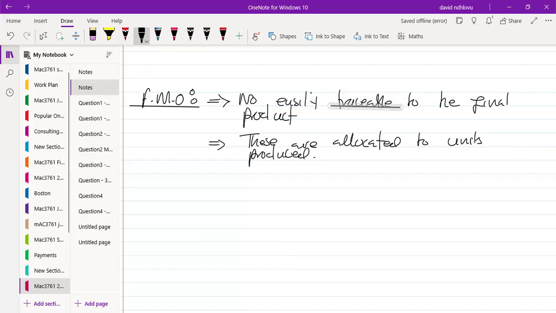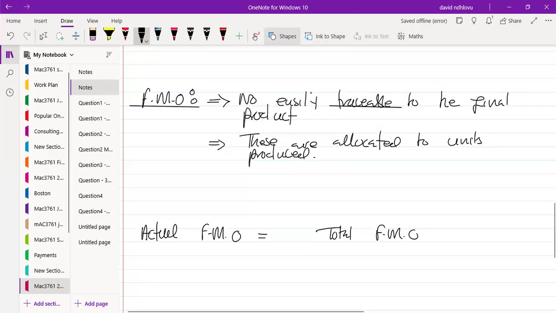So to determine the actual fixed manufacturing overhead costs, we take the total fixed manufacturing overhead costs. Then we decide on the method of allocating that cost. In this question, they are saying we are allocating the fixed manufacturing overhead cost based on the number of units produced.